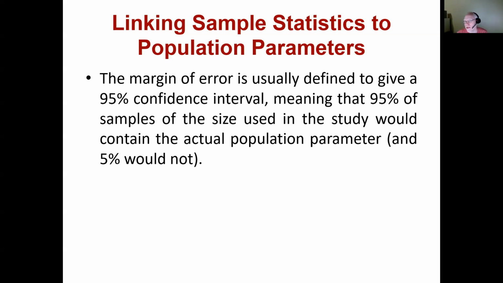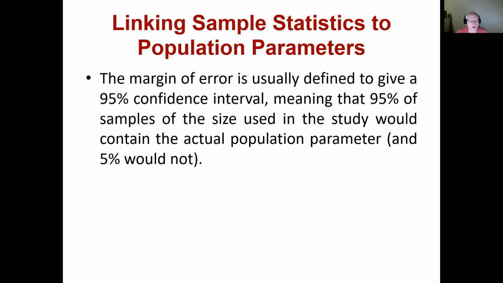Unfortunately for us, whenever we're dealing with a particular sample, we don't have 20 samples, we have one sample. So you can never be certain whether your sample is one of the 19, or the one that falls outside. We can never know, and there's no way of knowing without getting the population parameter, without looking at the entire population, which isn't feasible.